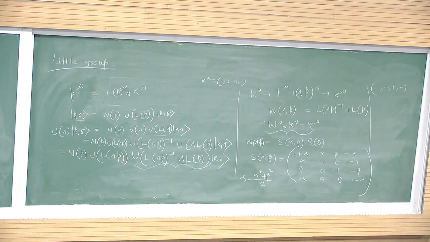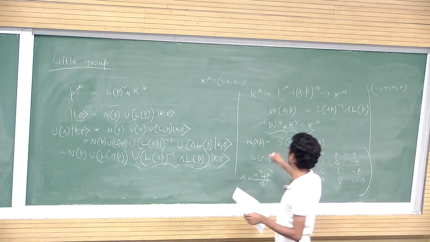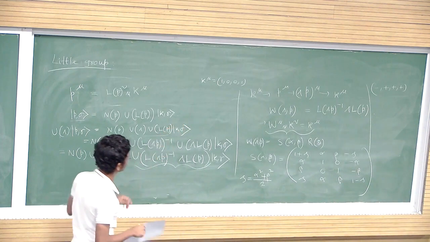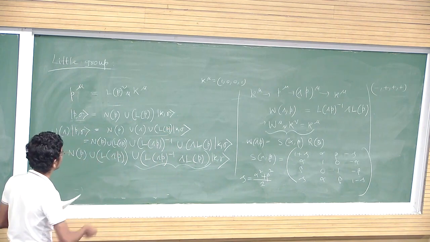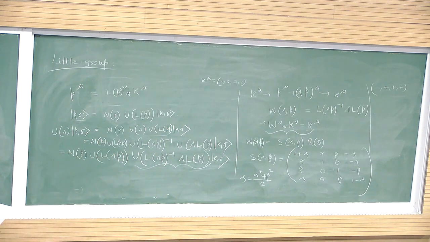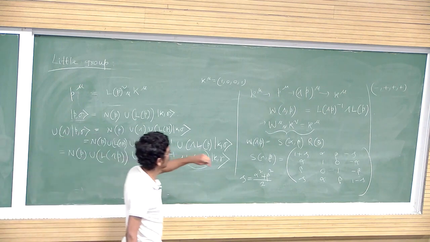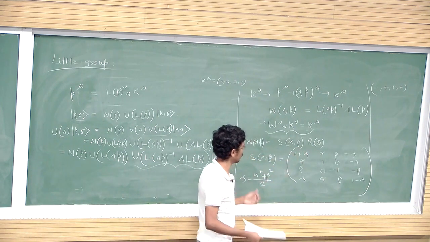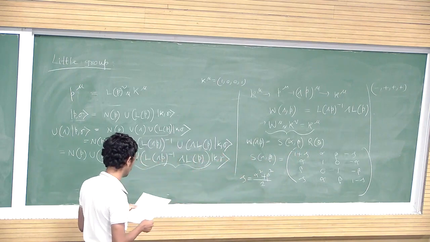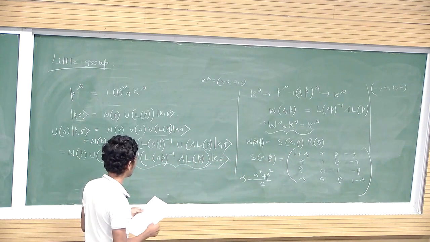Under this particular Lorentz transformation, we see that this k mu does not change, and one can check that in fact these two elements S and R among themselves form two different abelian groups.